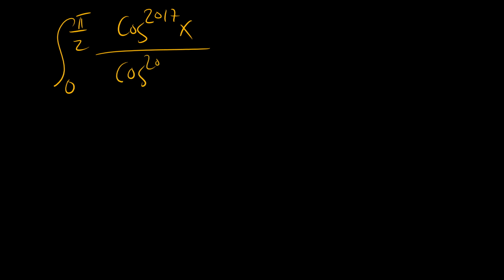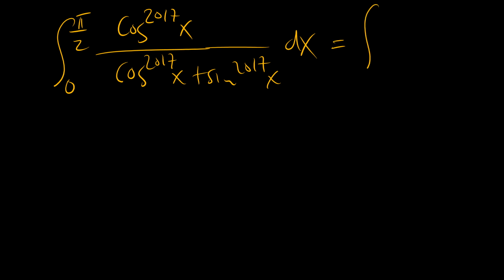So our problem, 0 to pi over 2 of cosine to the power 2017 x over cosine 2017 x plus sine to the power 2017 x dx, and we forgot to say dx is the same as du because it's just an addition of a constant.